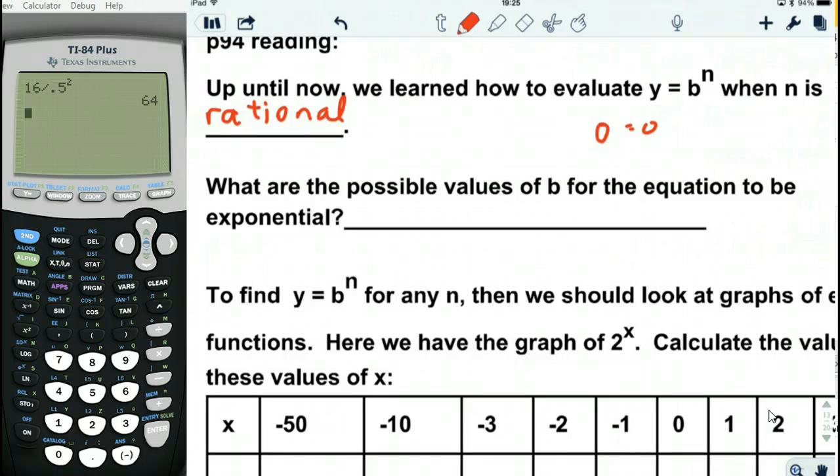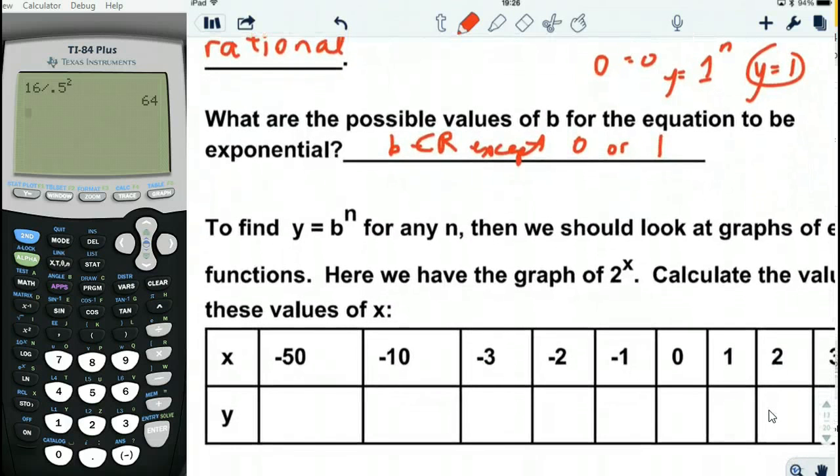The other thing b can't be is 1, because then it's just 1 multiplied times itself, and that's also a boring line, y equals 1. So b can be any real number except 0 or 1.